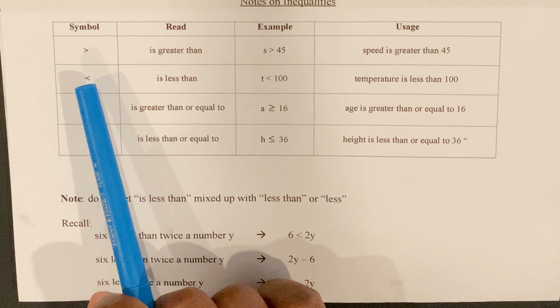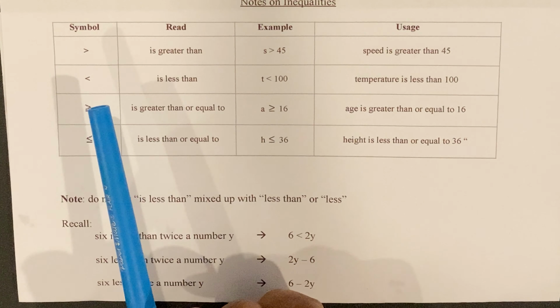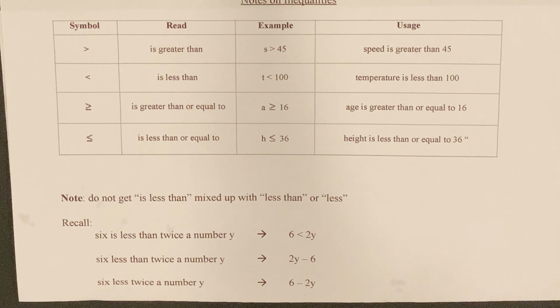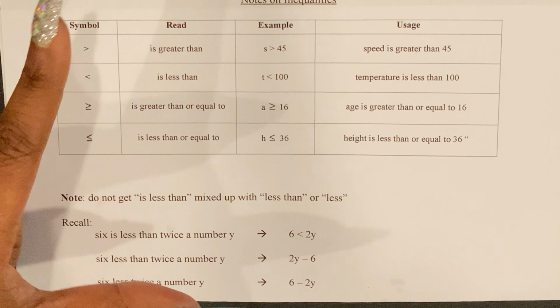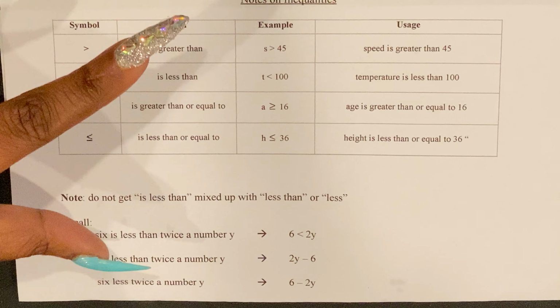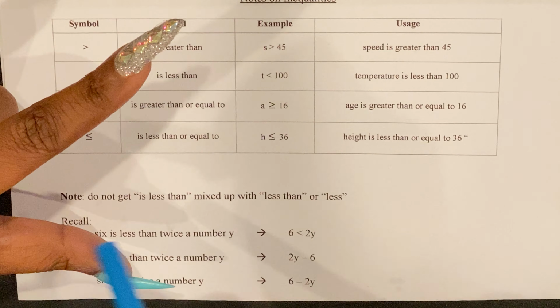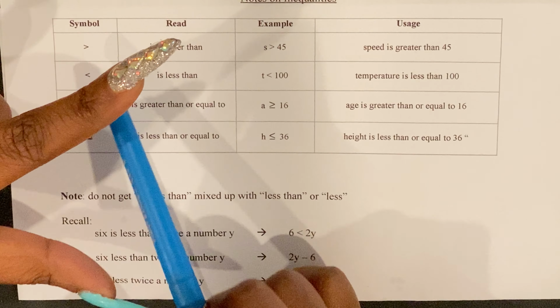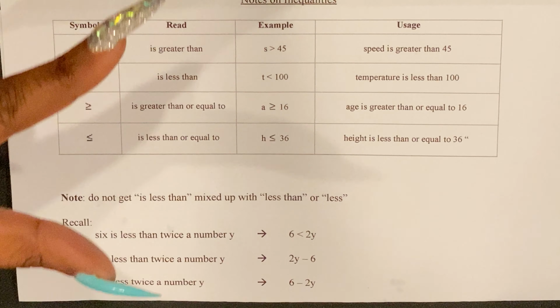This symbol here is greater than, and if you ever forget which way greater than is, what you want to do is make an L with your fingers, and turn it sideways. The L means less than. So as you can see, the greater symbol is going in the opposite direction.